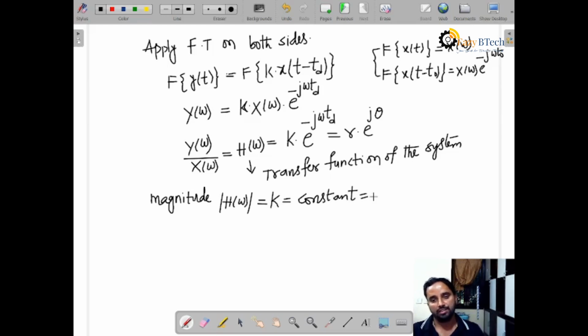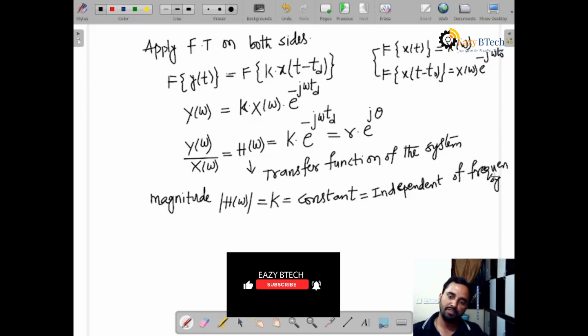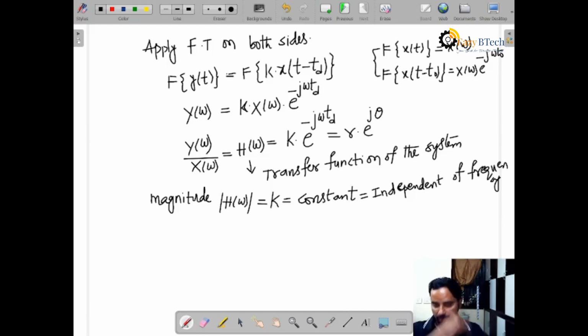K is a constant, so please note this point: it is independent of frequency. The magnitude will not change with respect to frequency. It is constant always, for all frequencies.